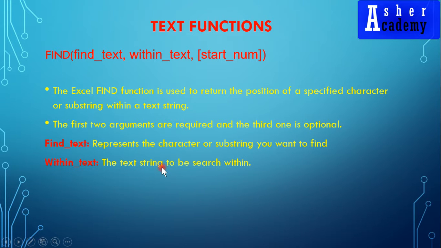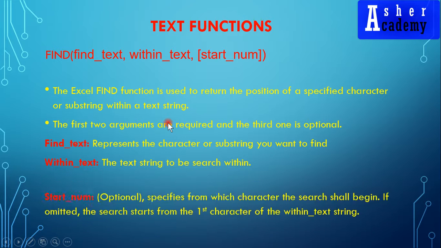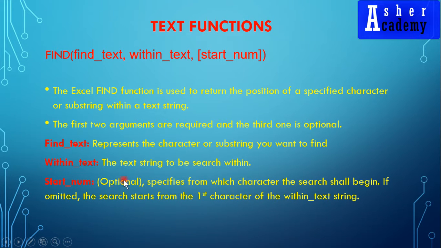So you are searching, for example, in the word computer, you are looking for the location of an O. So O will be the find text, and the term computer will be the within text. Then the start num is optional.